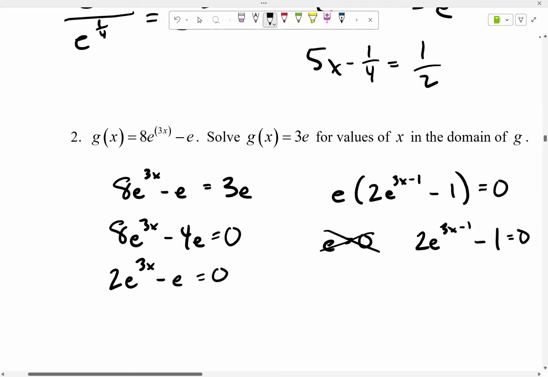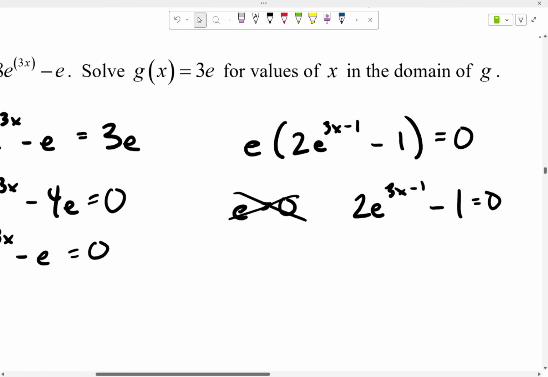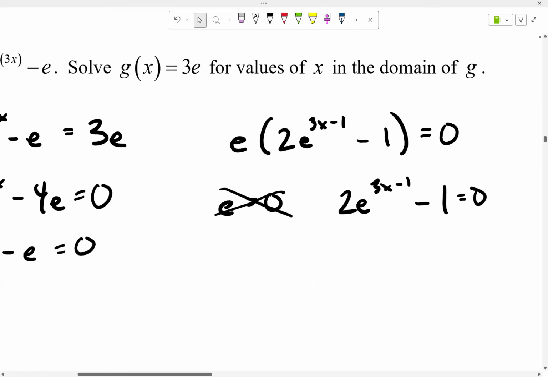Did you finish the factoring? I'll talk about that in just a second. So 3x minus... oh, actually, I'm not sure. Maybe also write equals, divide by 2.